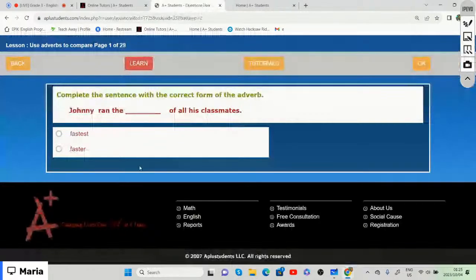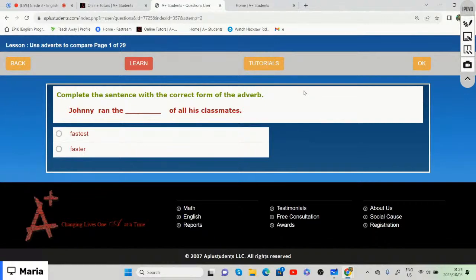Johnny ran the of all his classmates. If you hear the words of all his classmates, then it means that Johnny is being compared to all of his classmates. So does it mean that Johnny ran the fastest of all his classmates, or Johnny ran the faster of all his classmates?